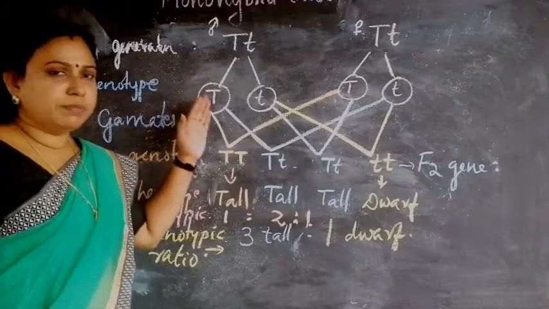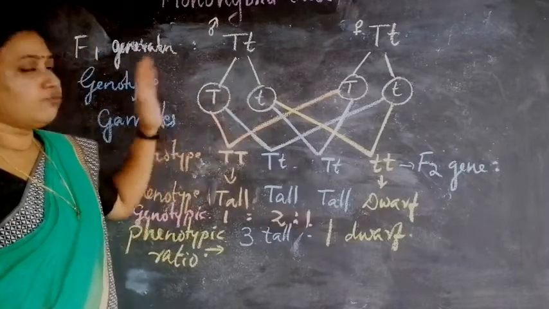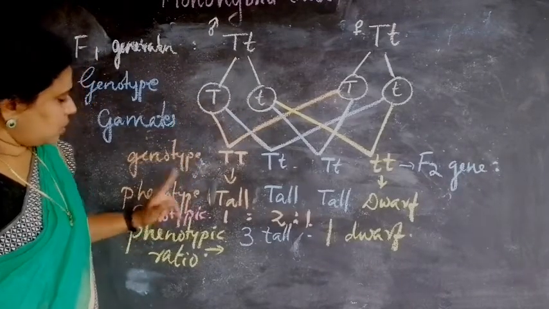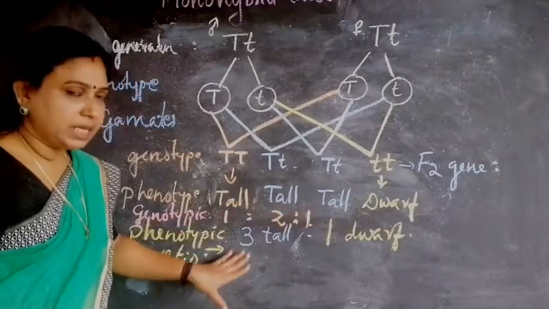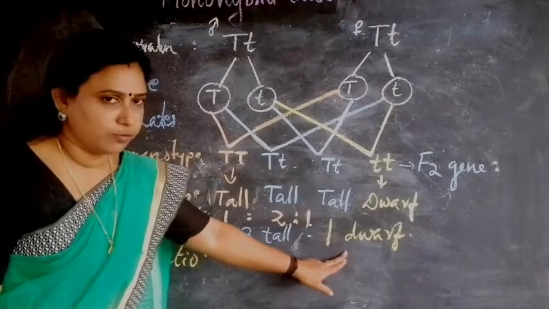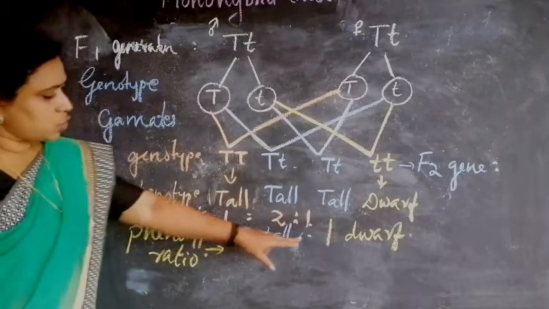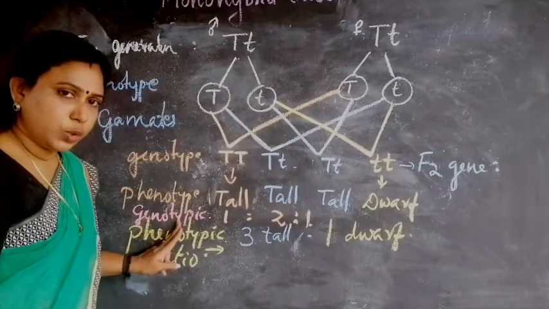So in this monohybrid cross, in the F1 generation all tall plants are produced, and in the F2 generation we got 3 tall plants and 1 dwarf plant. Phenotypically, we can write the phenotypic ratio as 3 tall is to 1 dwarf. And how will you write the genotypic ratio?